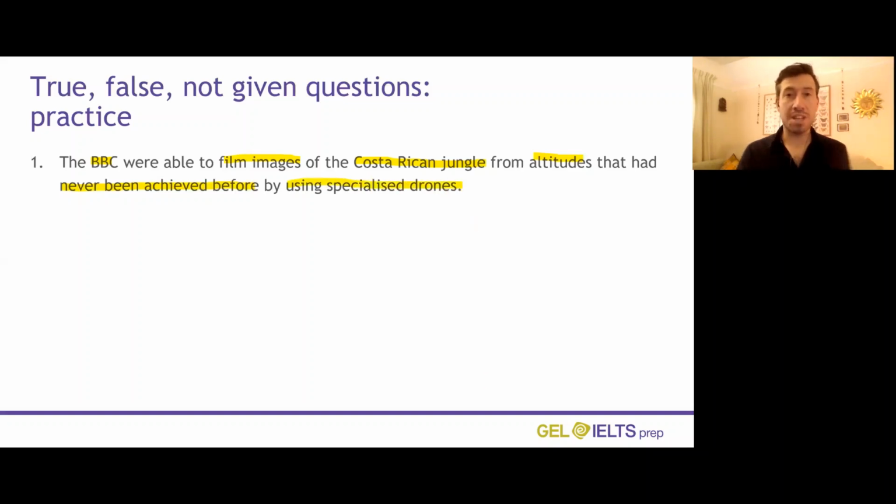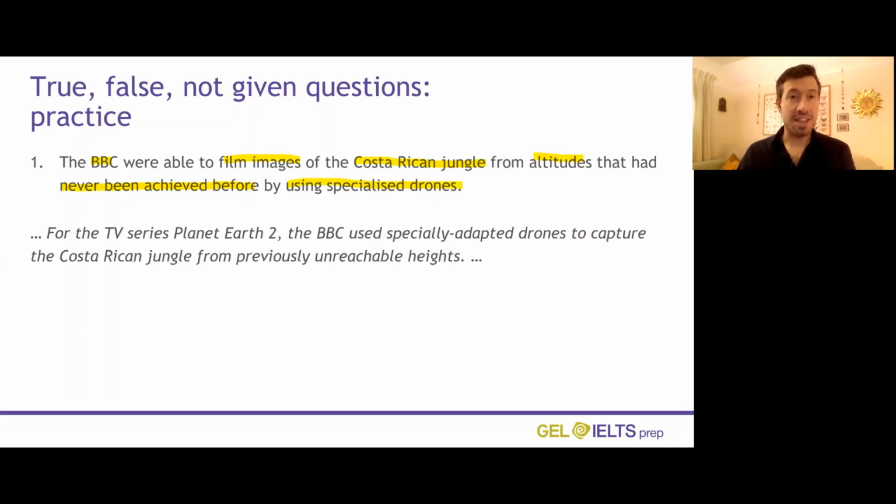So those would be the key words there. And what we need to check it against is this part of the text. So what I would like you to do is look at question 1 below the video and see if you can choose if that's true, false, or not given. And I'm going to give you 10 to 15 seconds to try that.